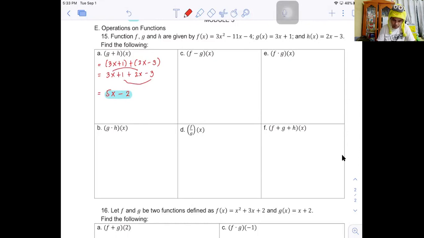For letter B, we have here multiplication. Okay? So let's write it first. We have G is 3x plus 1 times 2x minus 3. And I hope you can still remember the FOIL method. So that's how we are going to solve this one. So we have 3x times 2x, we have 6x squared. 3x times -3, we have negative 9x. 1 times 2x is plus 2x.